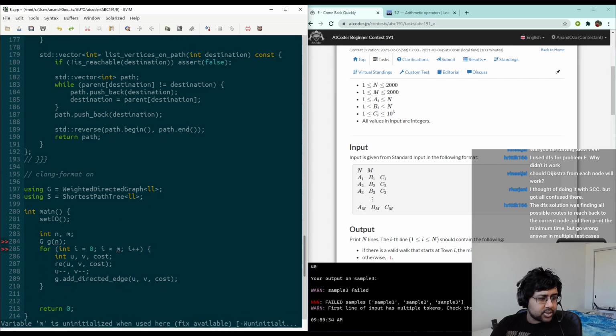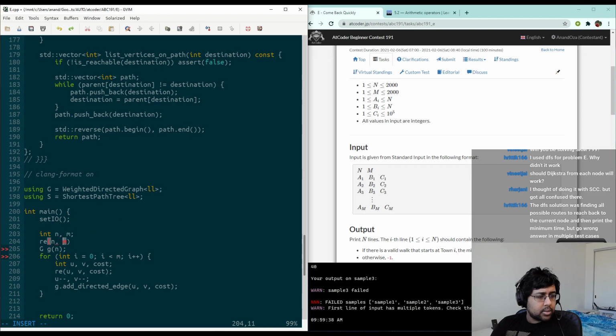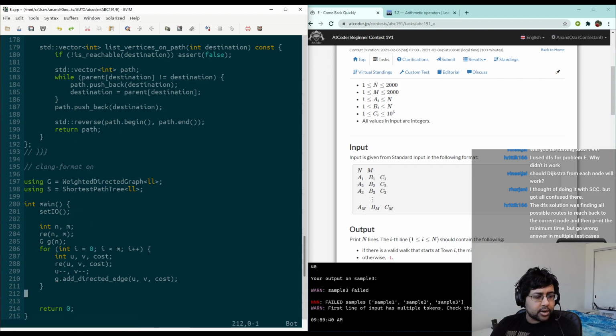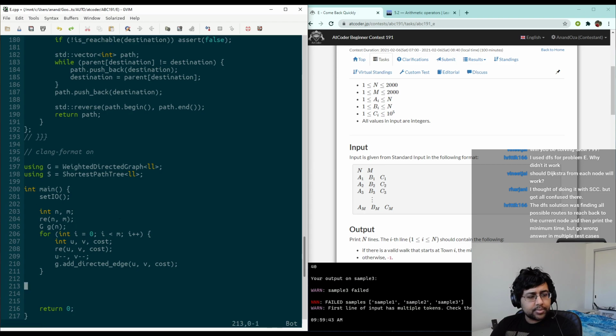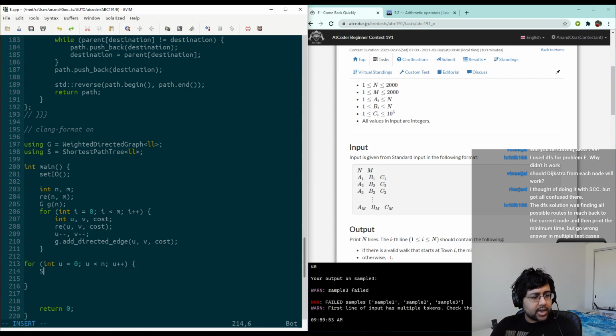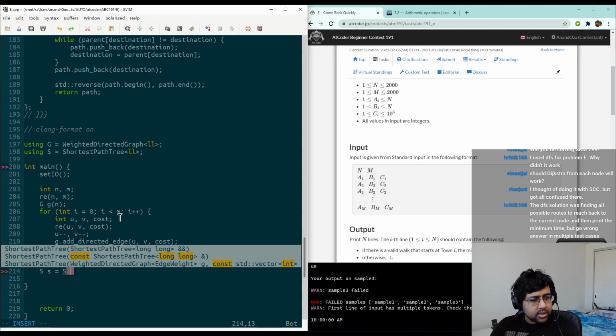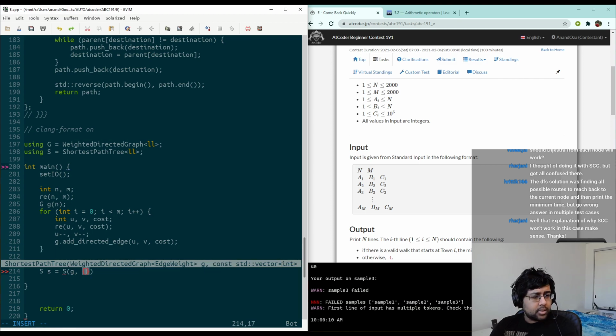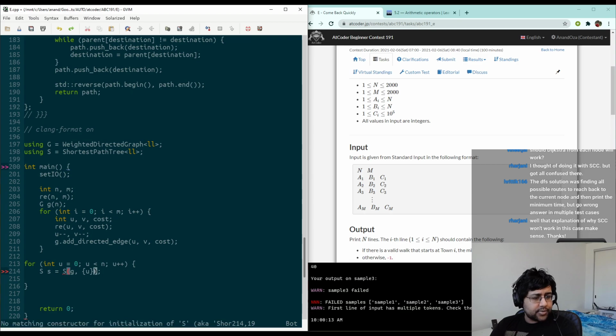Okay, cool. So here I guess we've created our graph, and then what we want to do is go through each starting vertex u, and find the shortest... wait, we're just going to start from only u.